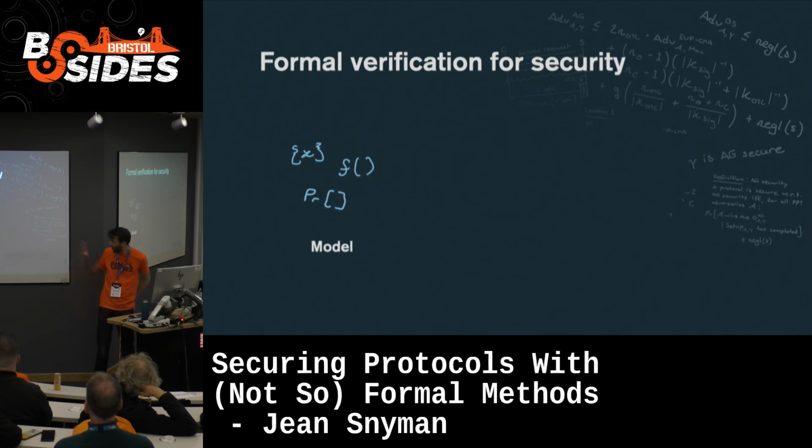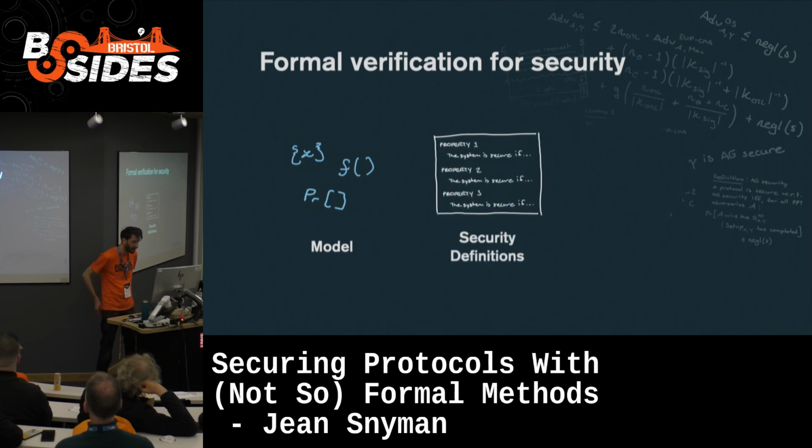Then we take our model that we've written out, and based on that model, we write a set of security definitions. So what does it mean for something to be secure? That's quite an open-ended question, and it's going to depend on your particular use case. Is confidentiality important for you?